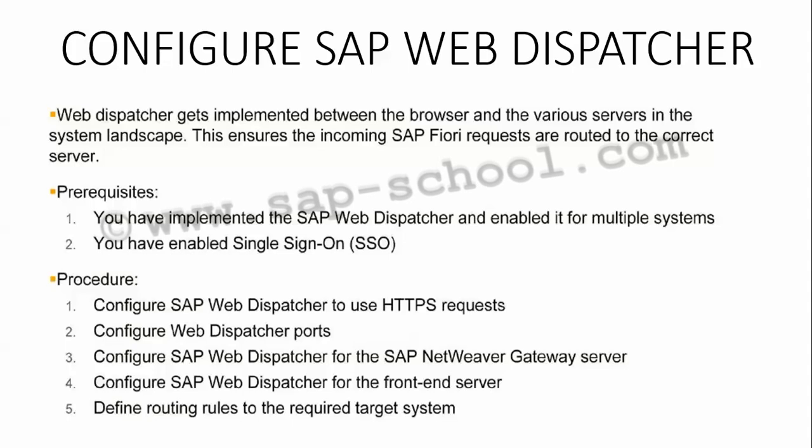Now, after that, let's come to the configuration of SAP Gateway. So first of all, we have to configure the Web Dispatcher, then the configuration of SAP Gateway. The first step in the configuration of SAP NetWeaver Gateway is that I have to connect my SAP NetWeaver Gateway to my SAP Business Suite.